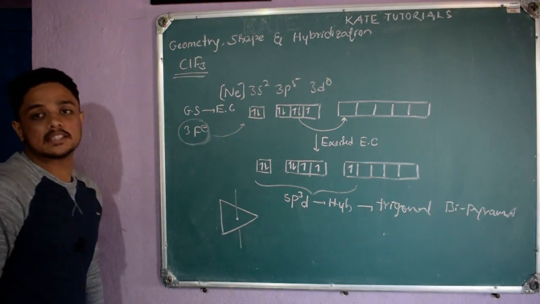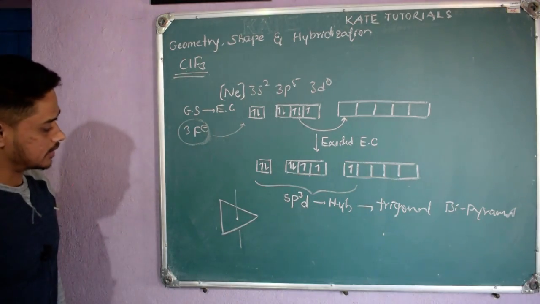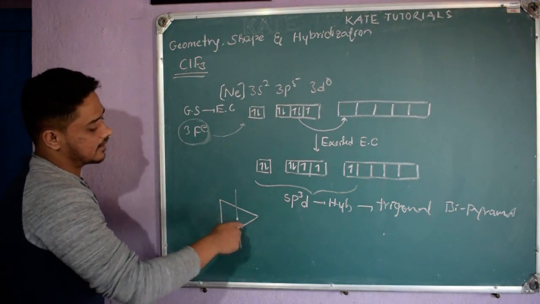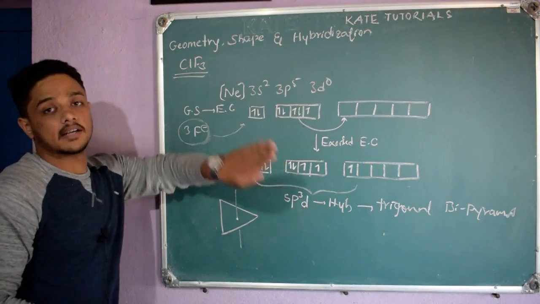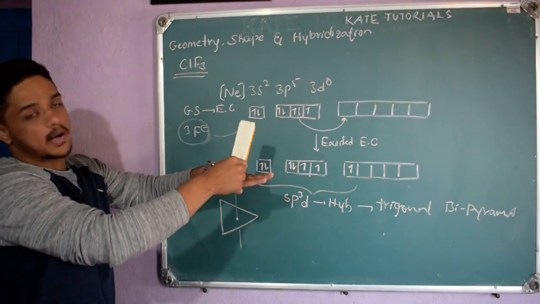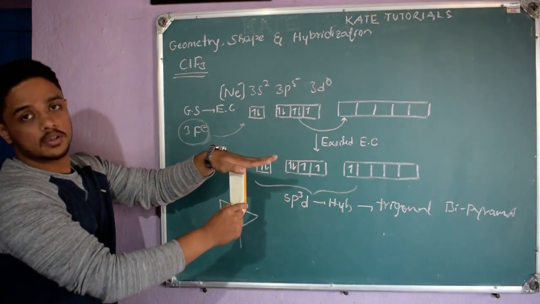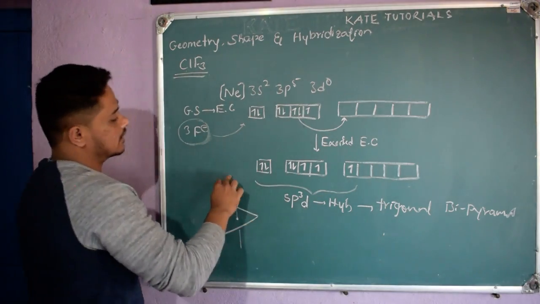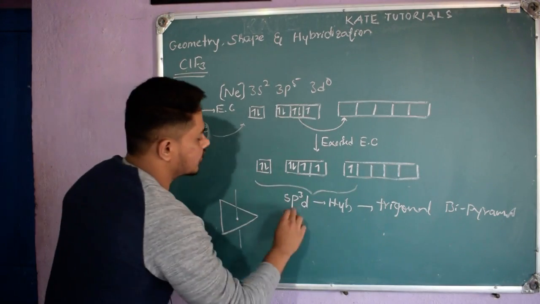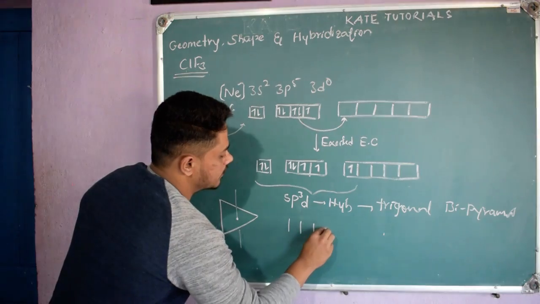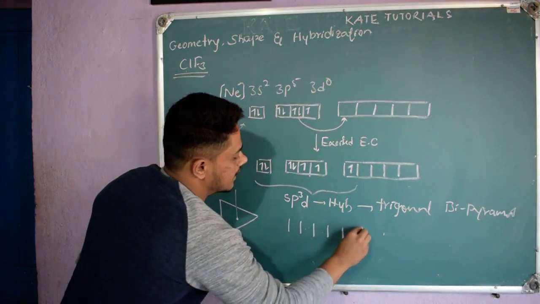So this is the shape, trigonal bipyramidal. Let us assume this is my triangle; one ligand will be above, other ligand will be below. Since all these will hybridize and form sp3d, I will combine them as sp3, 1, 2, 3 and d.